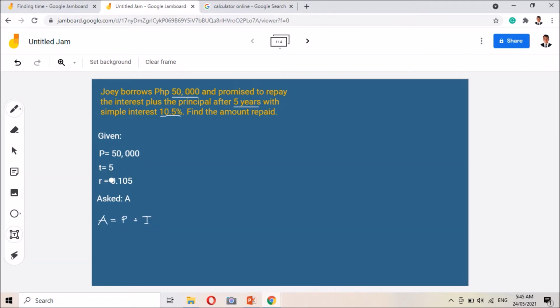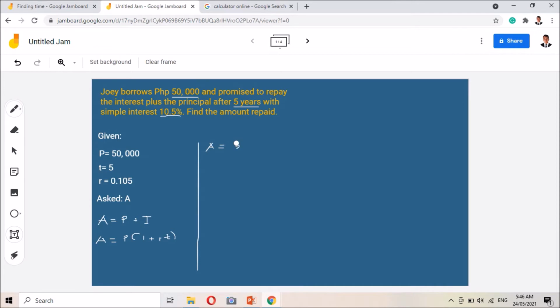Since we are given the rate and time, we can just use the other formula: A equals the principal times 1 plus RT. So we can now compute for the amount by plugging in what is given in the problem.